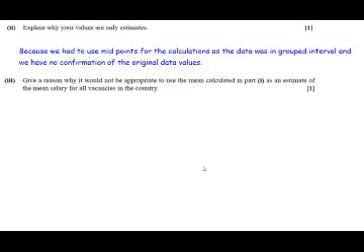So next we were asked to give a reason why it would not be appropriate to use the mean calculated in part 1 as an estimate for the mean salary of all vacancies in the country. Well, that would be because we're using data that's specifically about this recruitment company, and to try and use that for the rest of the country wouldn't make sense. There are some industries where the salaries are a lot higher, and there are some industries where the salaries are a lot lower, and there are industries where the shape and the distribution of those salaries are once again very much different.